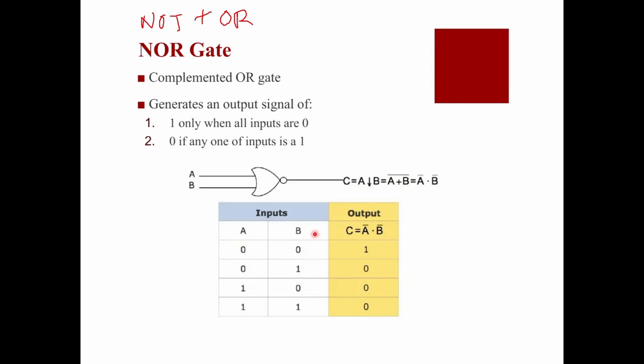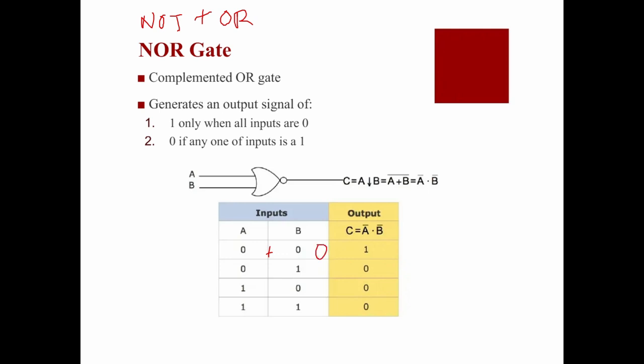So, whatever the result in the OR gate, the output is the opposite. Example, 0 plus 0 is 0.